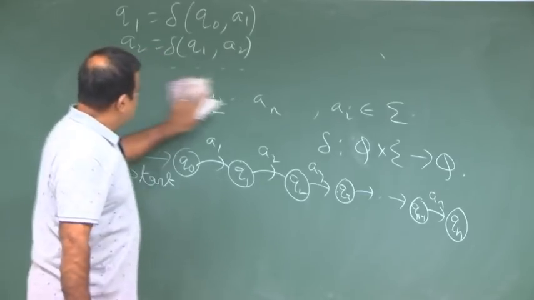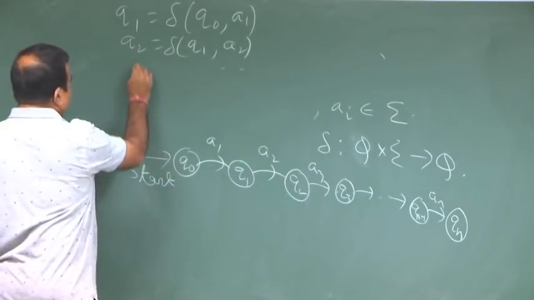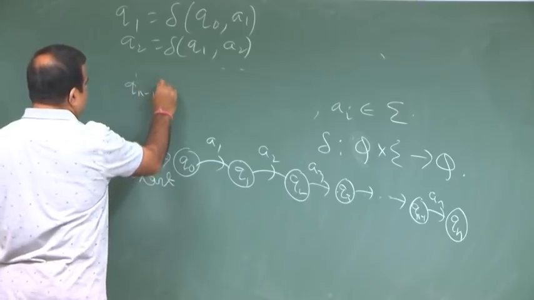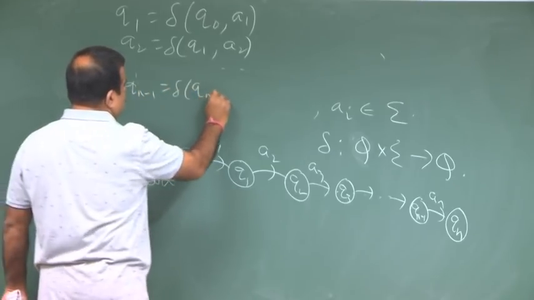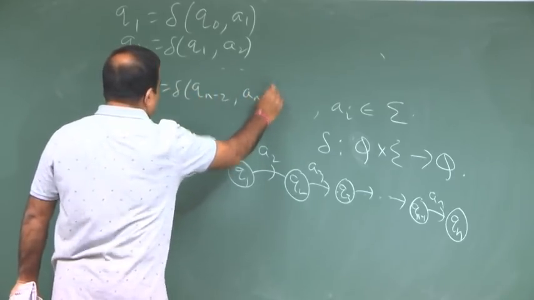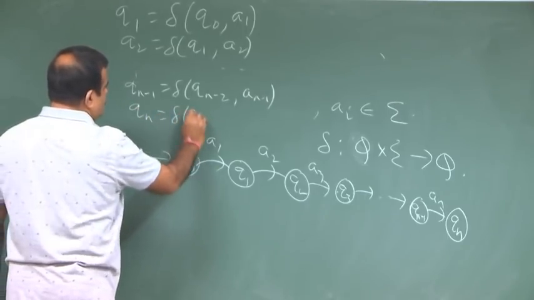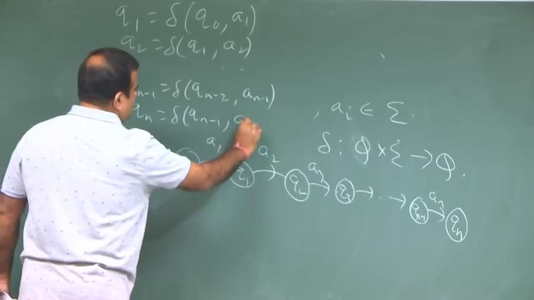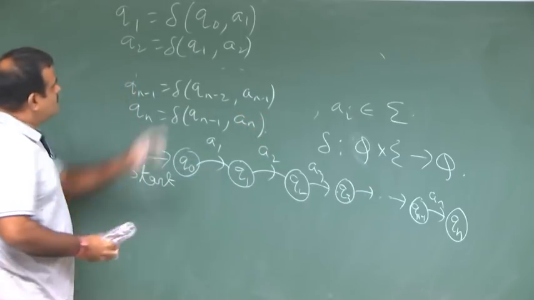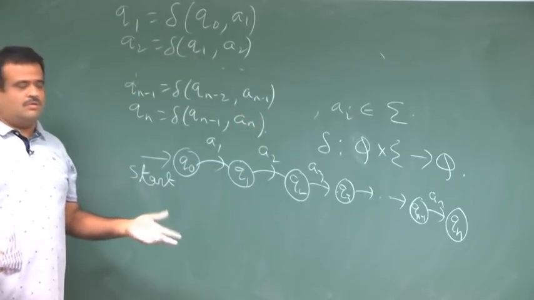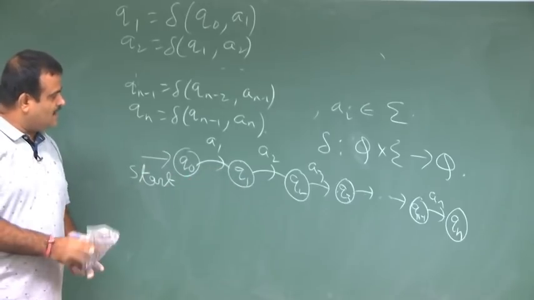So, q(n-1) is delta of q(n-2), A(n-1), and at the end qn will come from q(n-1) after reading An. Some of the q's may be the same, we do not know, but we write it this way.